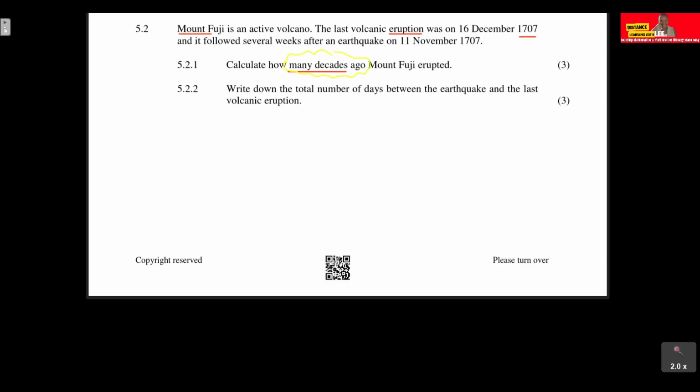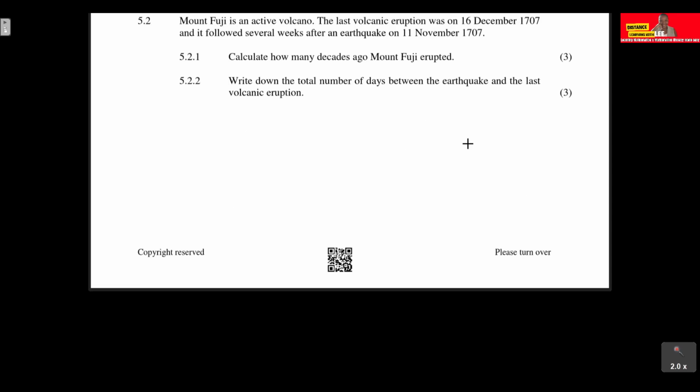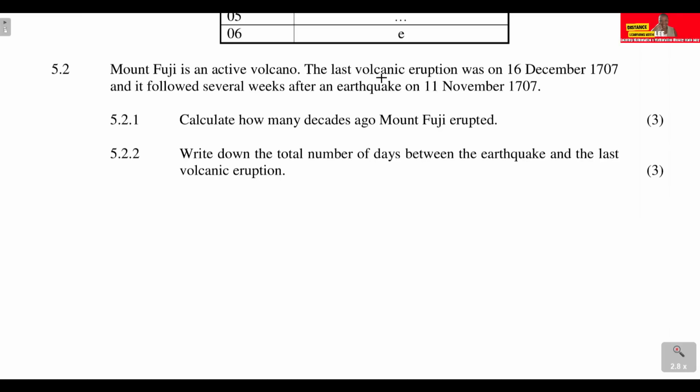Okay, so question 5.2.2: write down the total number of days between the earthquake and the last volcanic eruption. We are given 2 dates here. One date indicates when the volcano erupted, which was the 16th of December, 1707. The other date tells us about the earthquake that occurred, and it is the 11th of November, 1707.